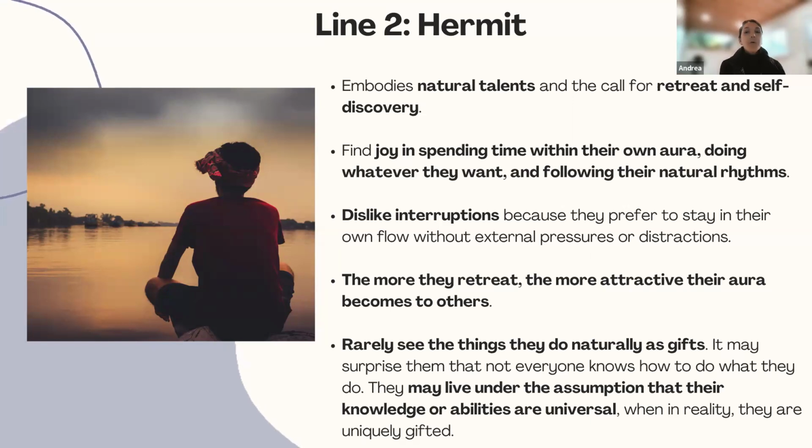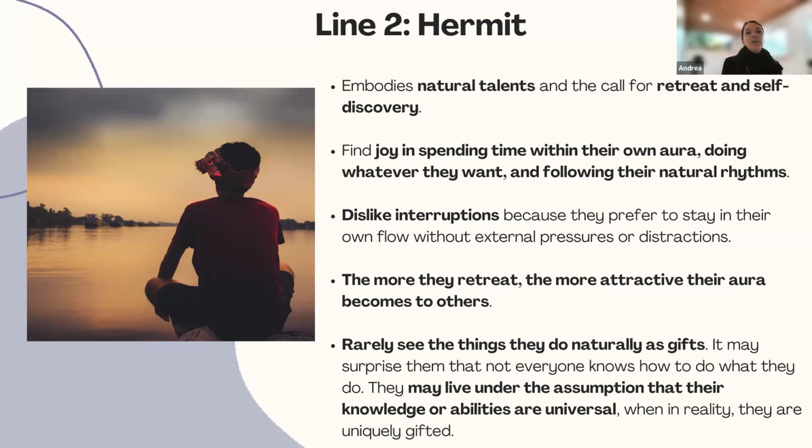In a course that I took last year, the instructor was saying that line 2s, the hermits, are usually the ones inside doing things on their own, and other people are looking inward from outside, wanting to know what this person knows, wanting to learn from them, seeing their natural talents.